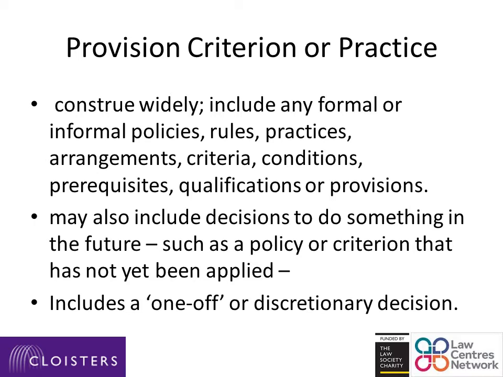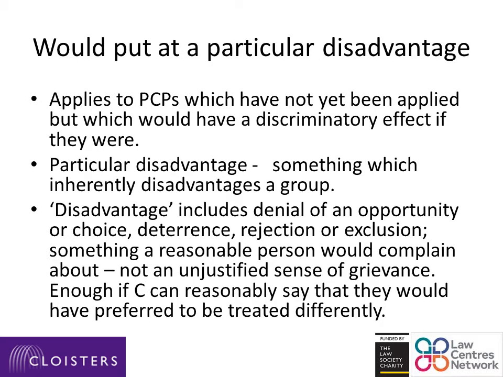And it will also include one-off or discretionary decisions. So the idea of indirect discrimination is that it should apply to PCPs which have not yet been applied, but which would have a discriminatory effect if they were applied, as well as applying to those which actually have been applied.